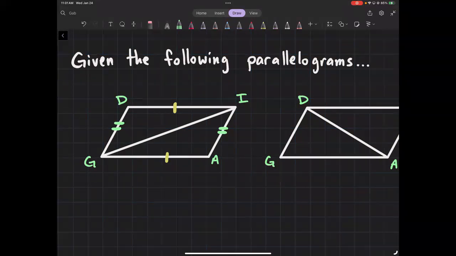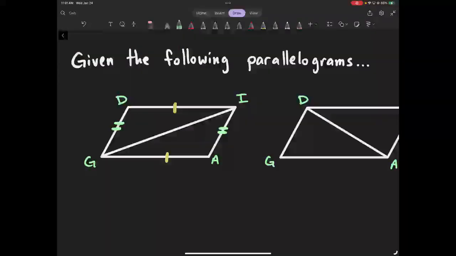But if you look at triangles, remember some things about triangles. Did we prove some triangles were congruent to each other? Are you able to prove that these two triangles are congruent to each other? Reflexive.